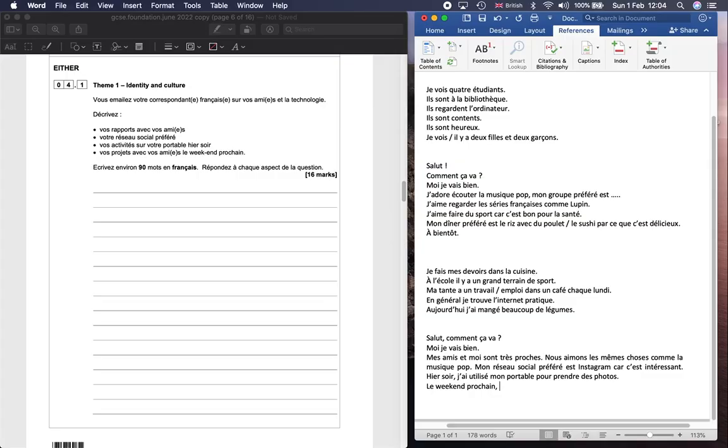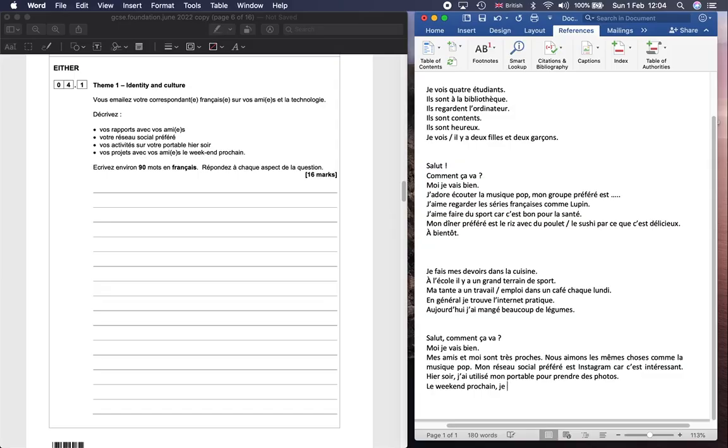So we can use the future tense or the near future tense. Let's use the near future tense because that's what is usually used in French.